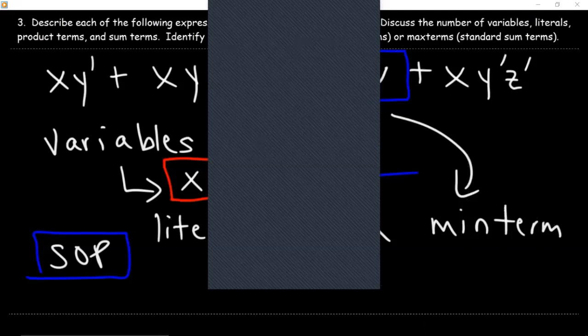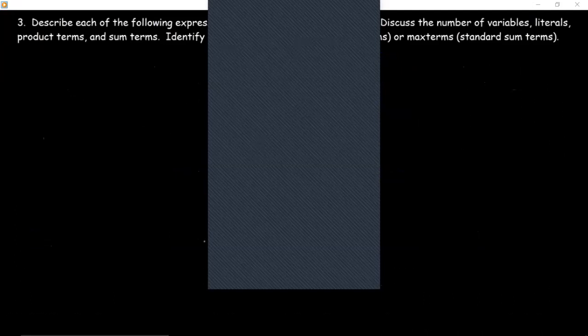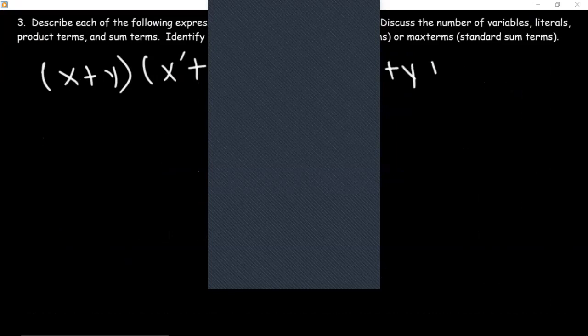Now let's move on to our next example. Consider this expression, (x + y)(x' + z)(y + z')(x + y + z'). So is this a sum of products expression or a product of sums expression?